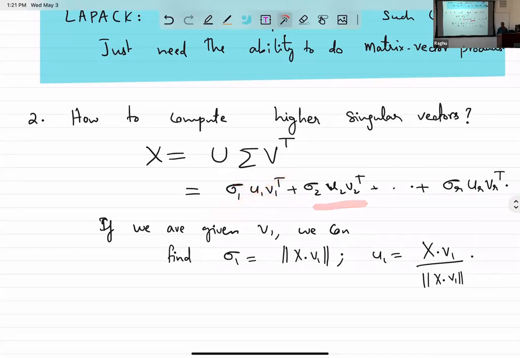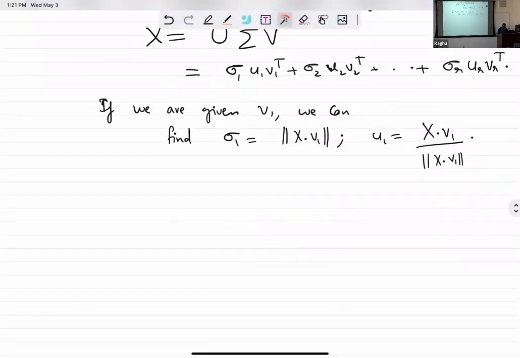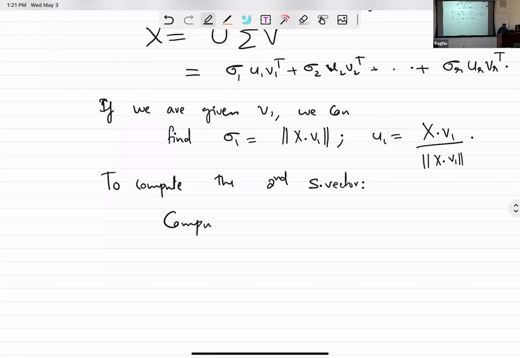That's going to be V2. So technically, to compute the second singular vector, you can compute the first singular vector of x1 equals x minus sigma 1 u1 v1 transpose.